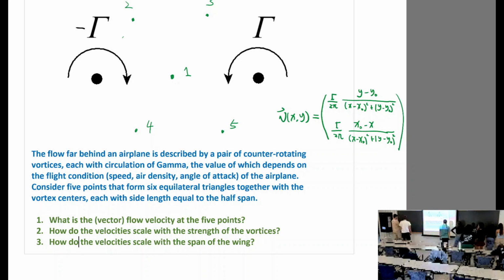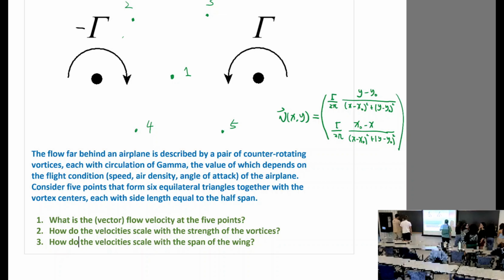For the coordinate system, how do we define the origin point? I think the most convenient is to define the origin right at the center, for all the points, right in between these two vortices. The result shouldn't depend on where you pick the origin, but it's probably more convenient right at the center.